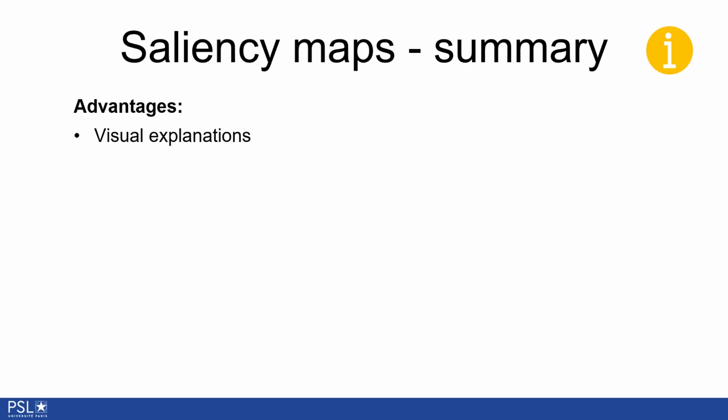Integrated gradients are the last method for saliency maps that we will cover in this course. At this point, let's summarize the main advantages and disadvantages of saliency maps. Saliency maps provide visual explanations that are in principle easy to interpret. They are faster to compute than model-agnostic methods such as LIME and SHAP because they take advantage of efficient methods for computing gradients in neural networks.